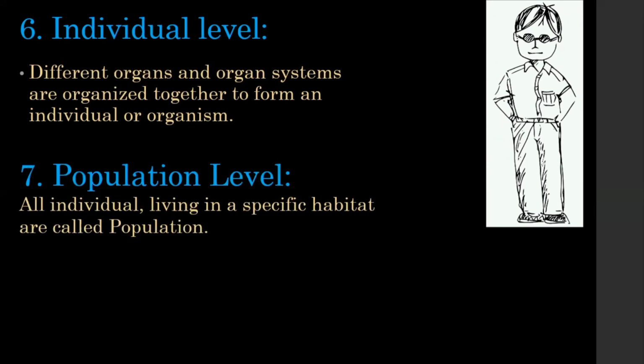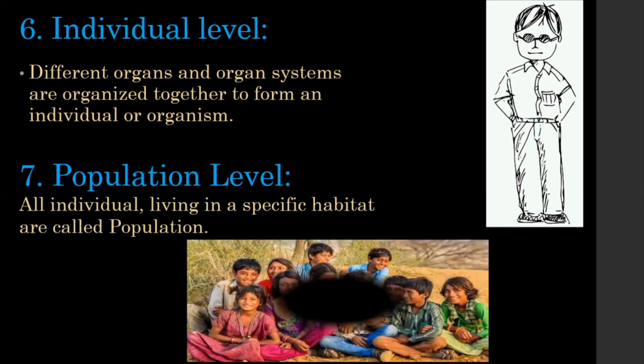A population is defined as a group of organisms of the same species located at the same place at the same time. For example, the human population in Pakistan in 2010 comprises 173.5 million individuals, according to the Ministry of Population Welfare, Government of Pakistan.